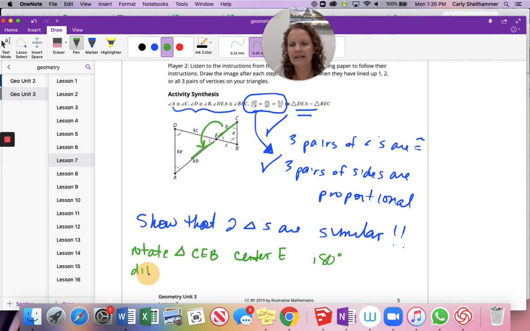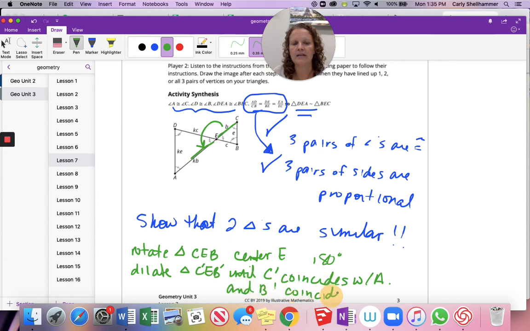And then I can dilate triangle CEB until C coincides with A. I would actually have to call it C prime at that point. And B prime coincides with D. So what I'm doing is rotating it until it looks like this.